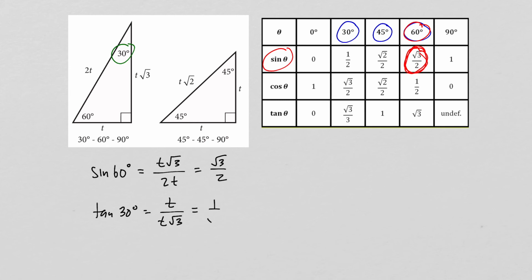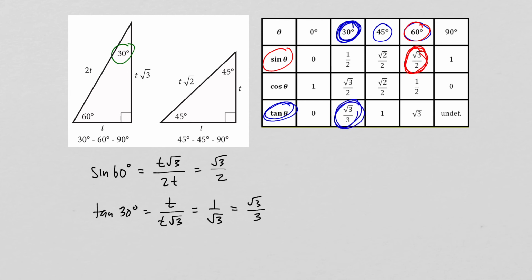And when you cancel the t, you get 1 over radical 3. And 1 over radical 3 is the same as radical 3 over 3 if you rationalize the denominator. And then I'll just point out that in the table here, here's 30 degrees and here's tangent. So the tangent of 30 degrees is radical 3 over 3.